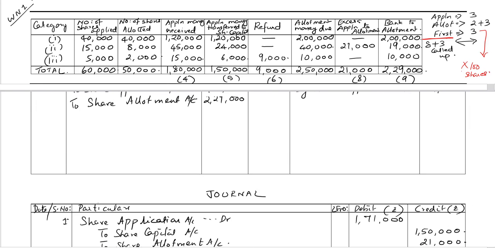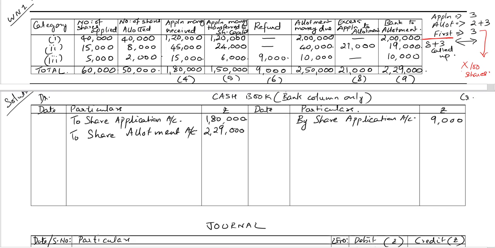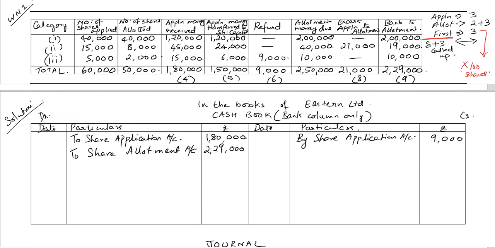The next entry is for receipt of the share first call money to share first call account. Out of 50,000 shares, we did not receive the first call money on 100 shares.